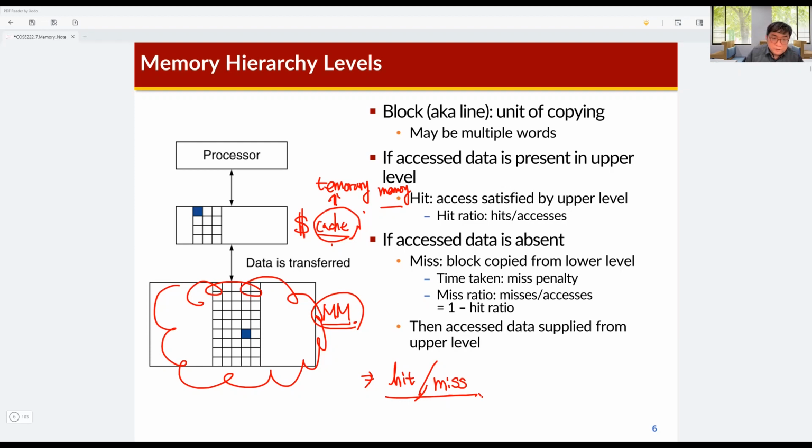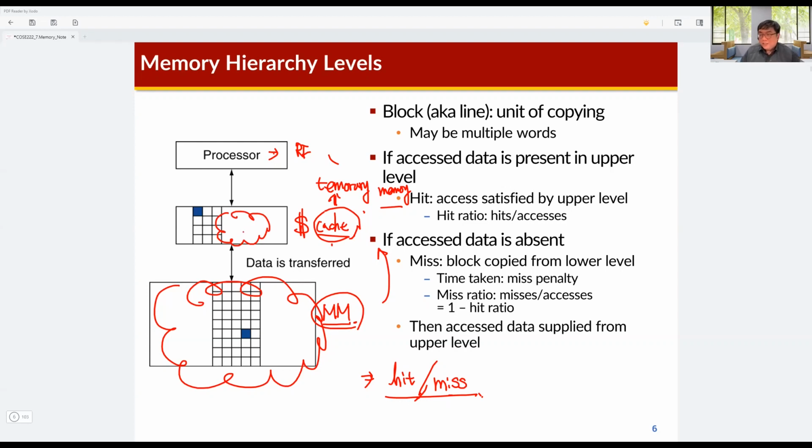Let us assume that this processor wants to transfer data from main memory to the register file. But this cache is the temporary storage space, and frequently used data is stored in the cache memory.